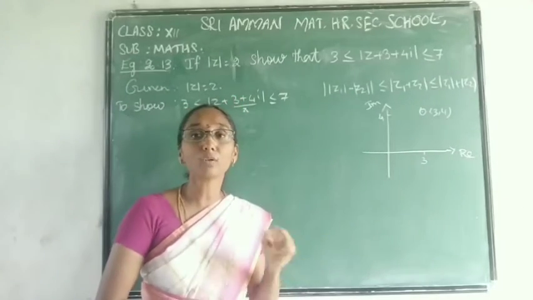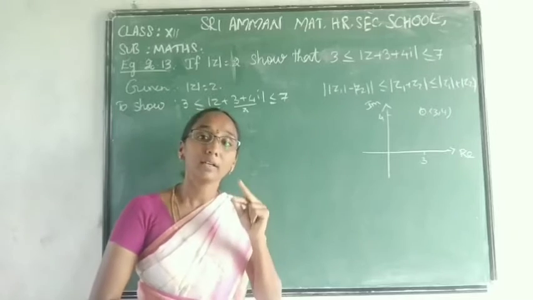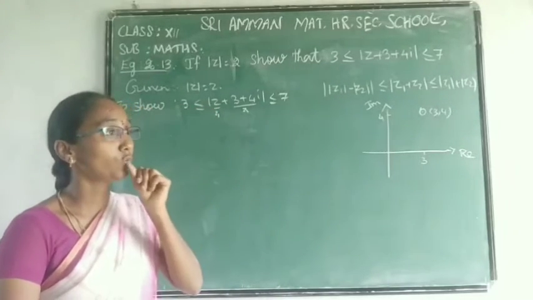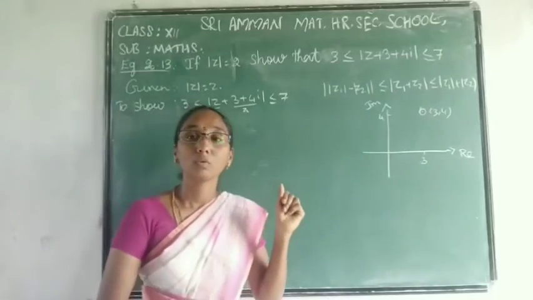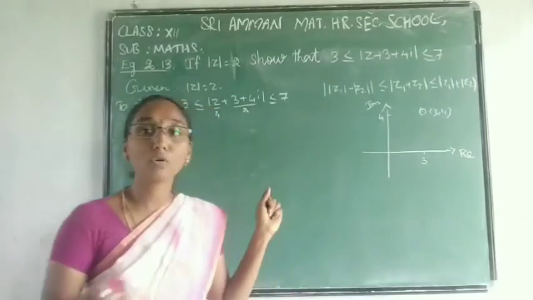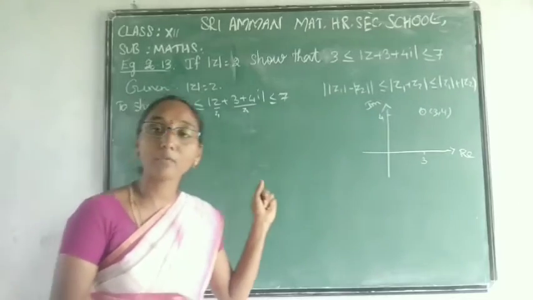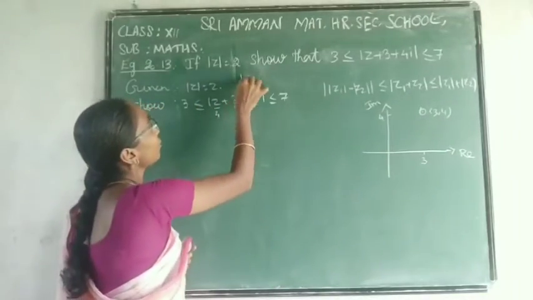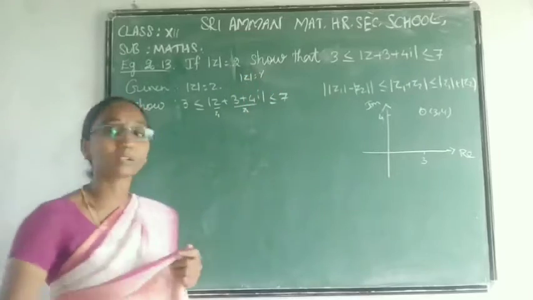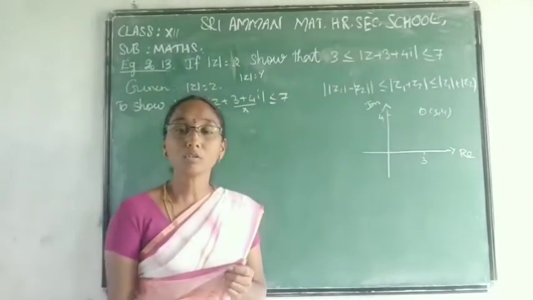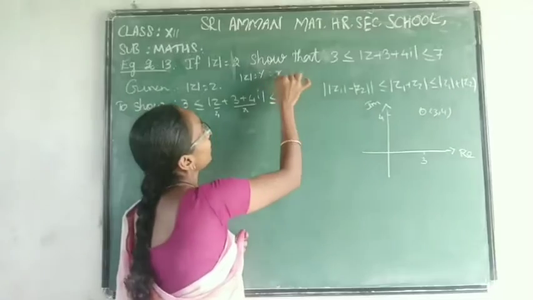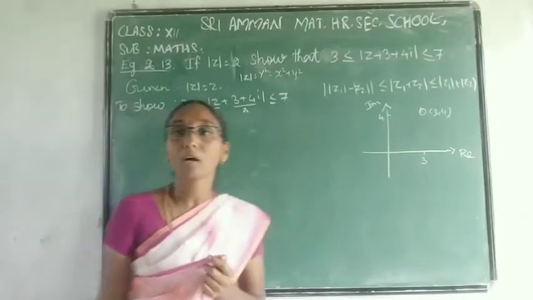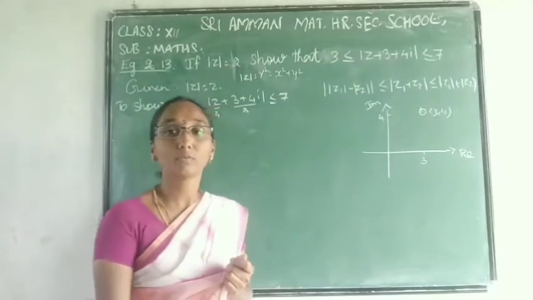Modulus of z equal to 2. In the last video, on the definition of the modulus of a complex number, I explained that modulus of z is also written as r. R equals the root of x square plus y square.